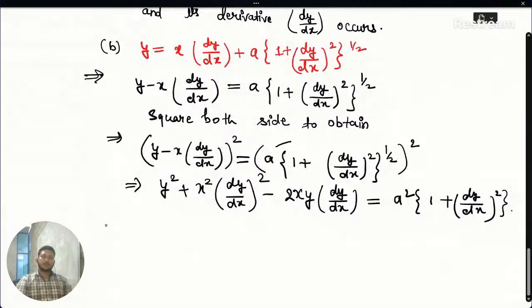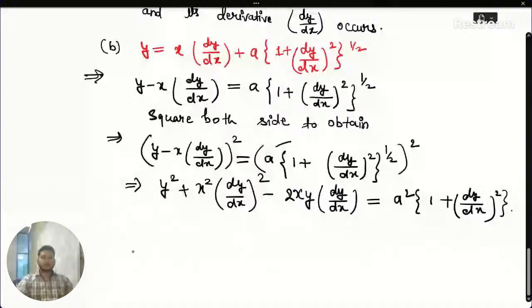So when we square on both sides, this is a solution for you, and it may be clear for order and degree. Here we see that the highest differential coefficient is dy upon dx, and the degree is what?